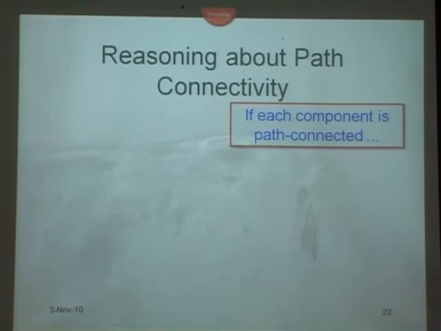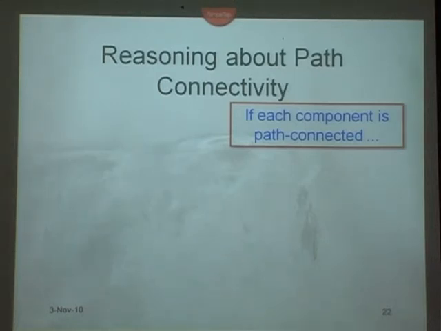In order to do this, we want to argue inductively. So we want to argue about the path connectivity of big simplexes in terms of the path connectivity of its components. So we want to break the big protocol complex down into smaller pieces, argue inductively about the smaller pieces, and then put the argument together at the higher level.